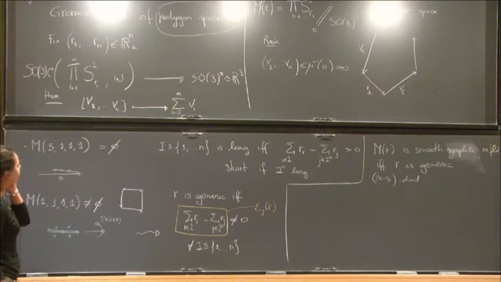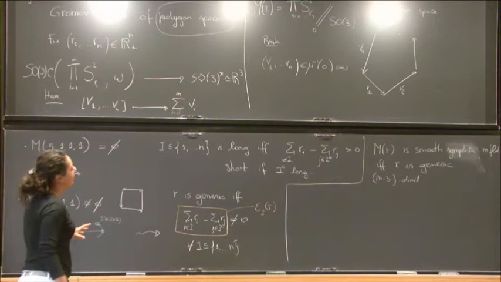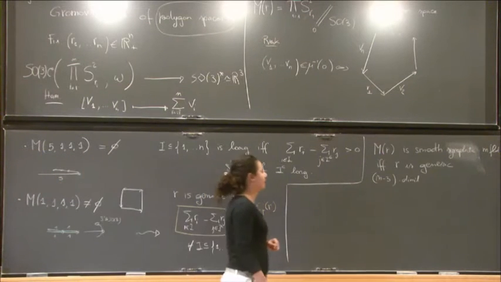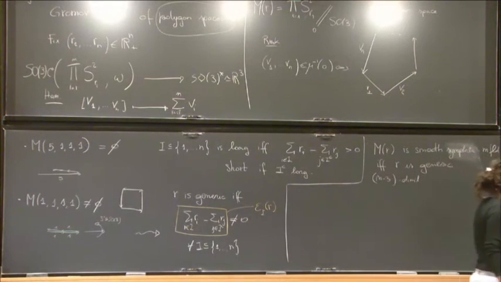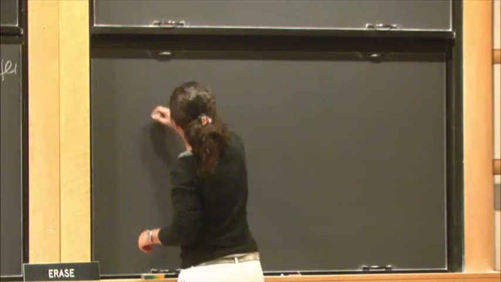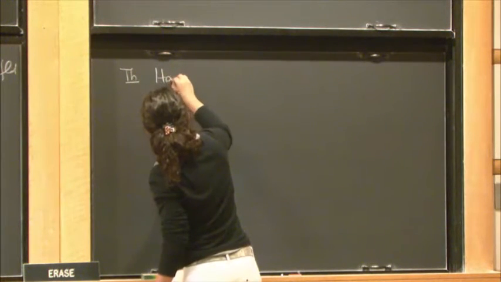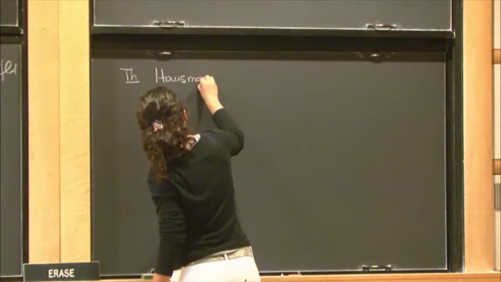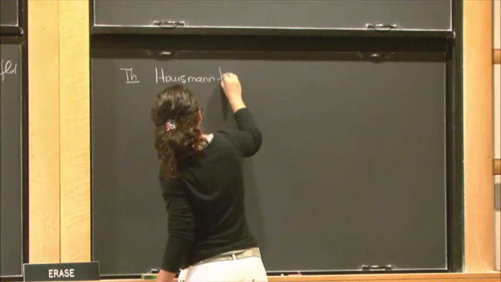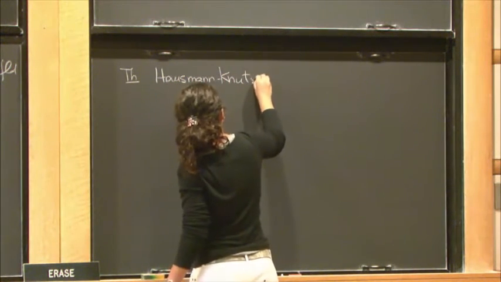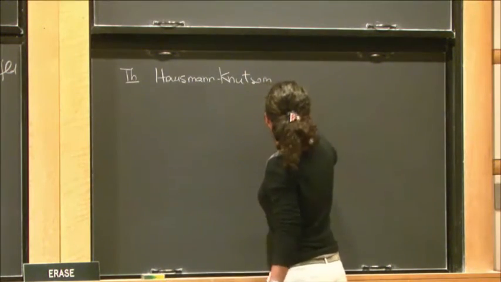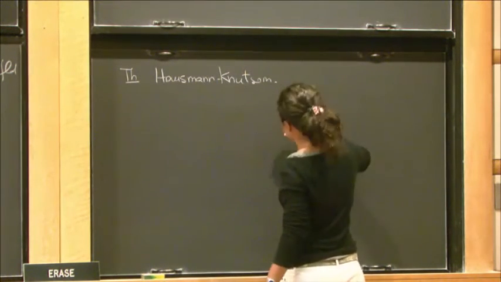Okay, so this is a first definition of the polygon spaces, which I believe is very intuitive and geometrical, and I like it a lot. There is also a more general definition of these spaces. It's actually a result of Hausmann and Knutson.